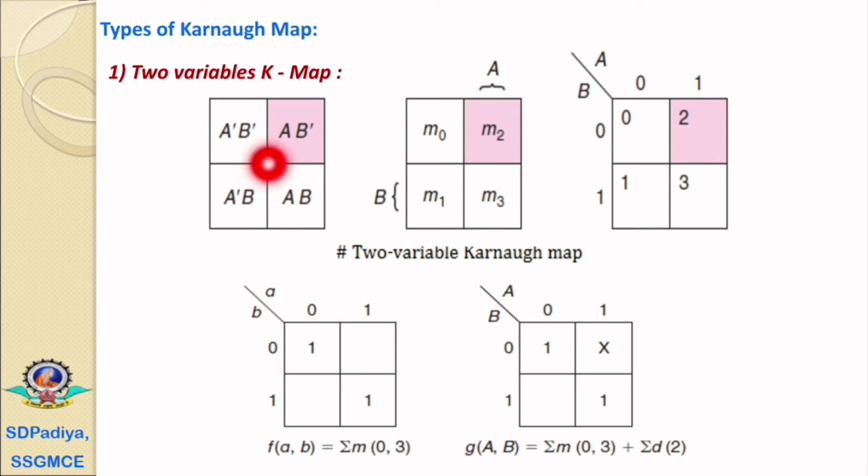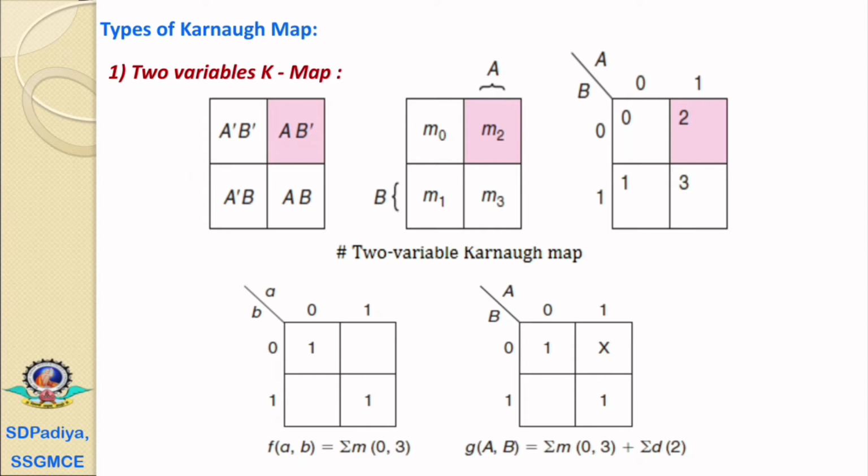Therefore, its column adjacent is a b dash, and the row adjacent is a dash b. There is a change of only one literal. It is a dash b dash, then it is a b dash. There is a change in a, and it is a dash b. That is, there is a change of b. And the fourth is a b. In this, you can find every adjacent cell has a change of only one variable.